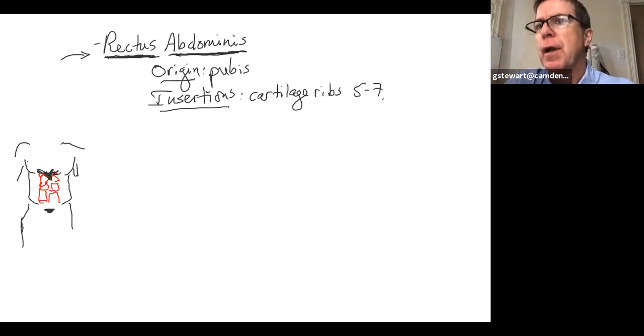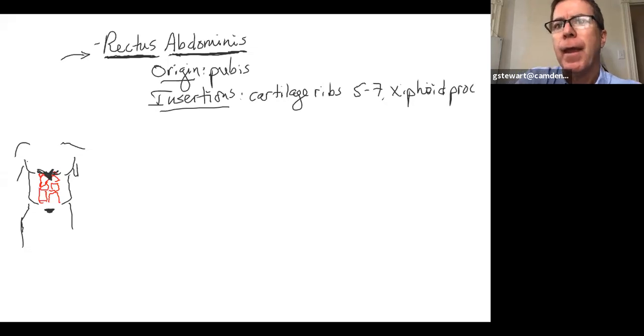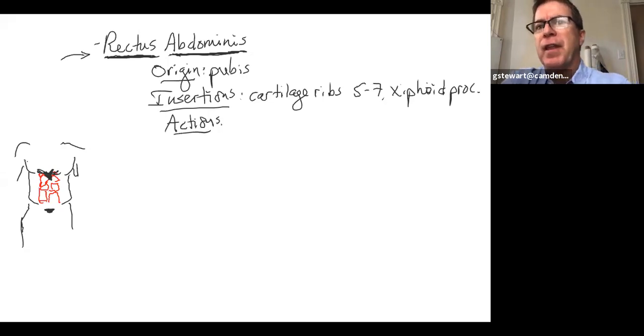That's the xiphoid process. XIPHOID. And its main actions are to flex the vertebral column and compress the abdomen.